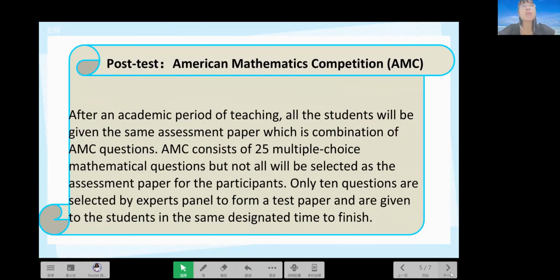The AMC consists of 25 multiple choice mathematical questions, but not all will be selected for the participants. Only 10 questions are selected by an expert panel to form a test paper and are given to the students in the same designated time to finish.